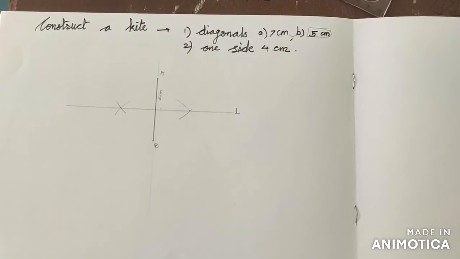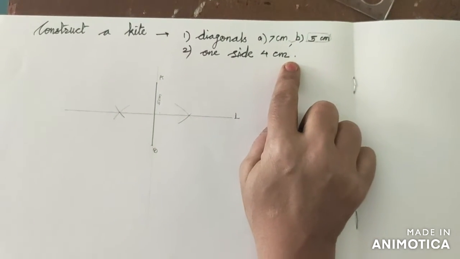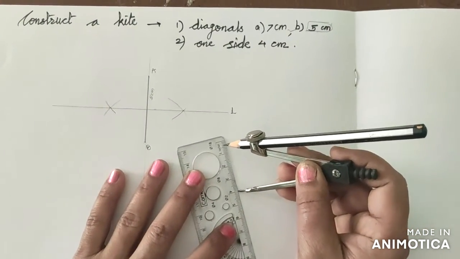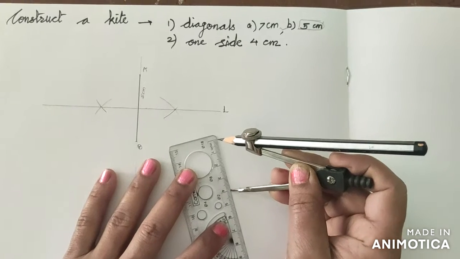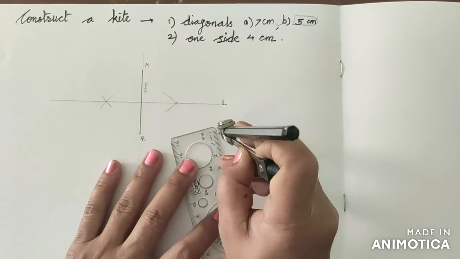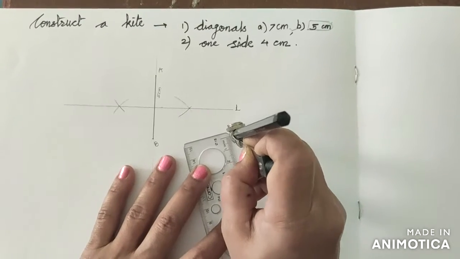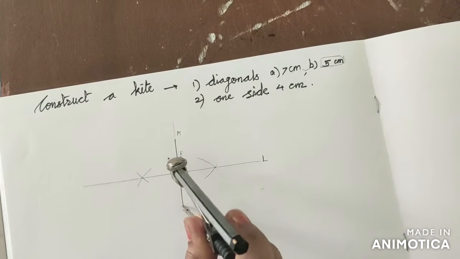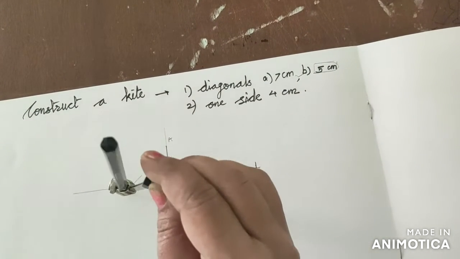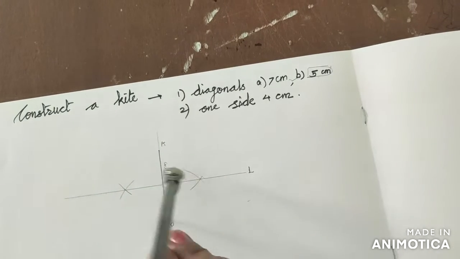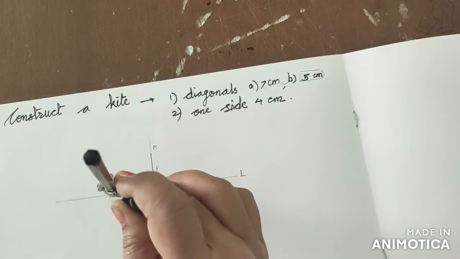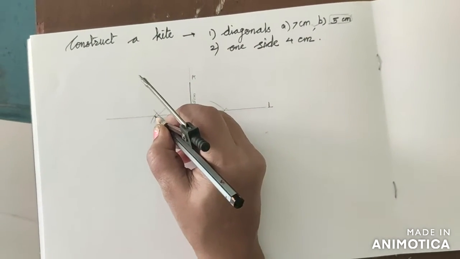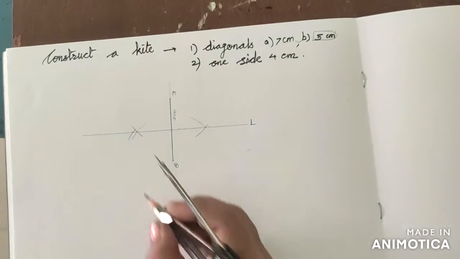For that, think about the one side at first. It is 4 centimeter in length. So take 4 centimeter measurement in our compass like that, then placing at point B, cross the line L here, very near it is, no problem.